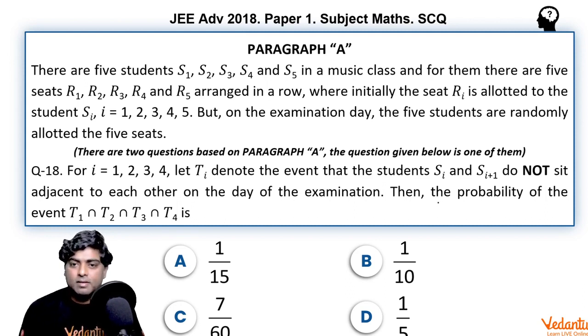Okay. Then the probability of the event T1 intersection T2 intersection T3 intersection T4, means S1 S2 should not sit together adjacent to each other, neither S1 S2 nor S2 S3 nor S3 S4 nor S4 S5.